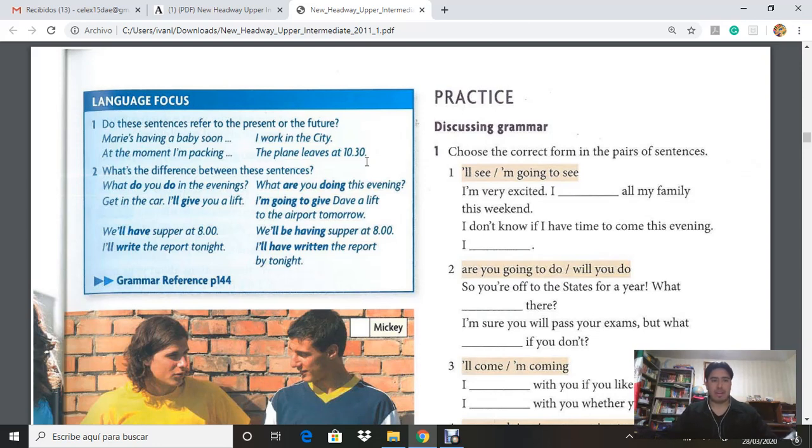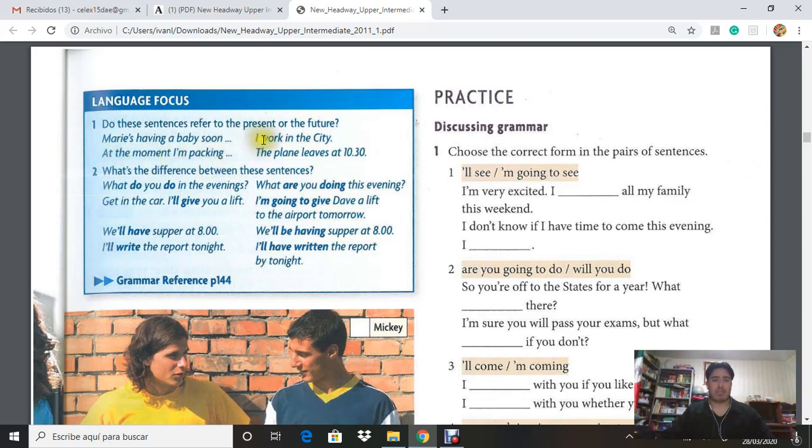Okay, so the first sentence is referring to the future, but it is using a present continuous form. Mary's having a baby soon. The second one, at the moment, I'm packing. This is using once again present continuous, and it refers to a present action, to something that is happening at the moment.